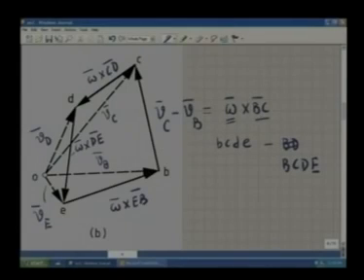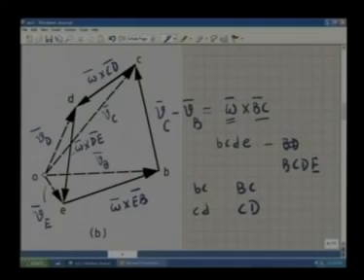So, in this figure bcde, each side is perpendicular to the corresponding capital sides, that is bc is perpendicular to capital BC, cd is perpendicular to capital CD, and so on, and this perpendicular is in the sense of omega.